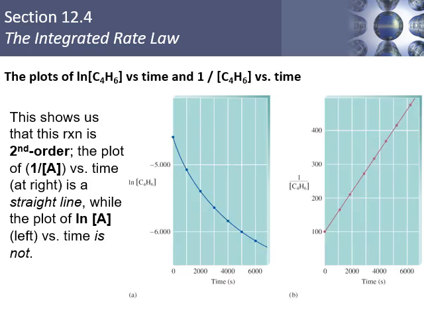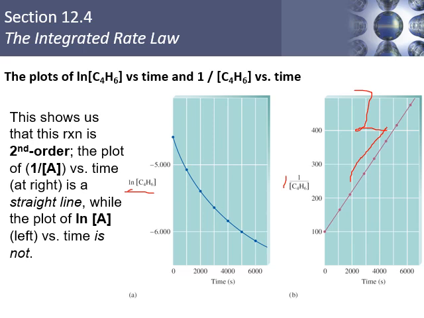Next. So here, notice this time they did this graph two different ways. First of all, we're dealing with C4H6 versus time. In this one, they did it with the logarithm of the concentration, and here they did it 1 over the concentration. And notice that we got the straight line doing it 1 over the concentration, so it's second order.